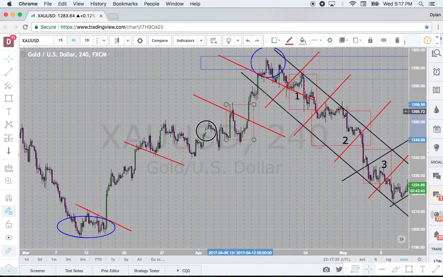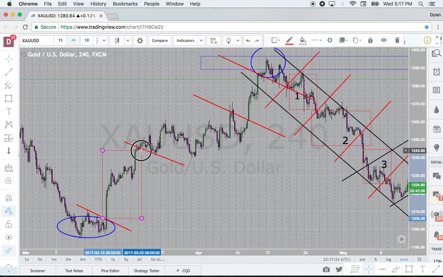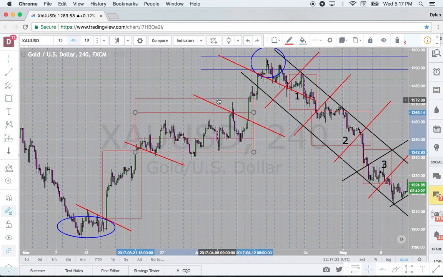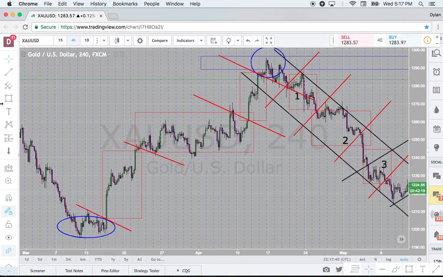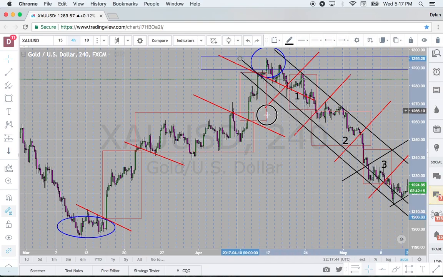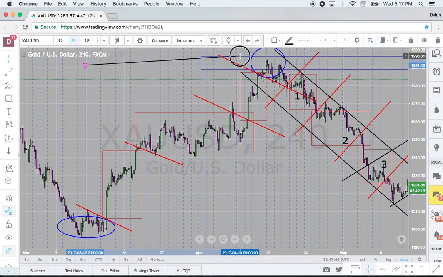So let's box in the consolidation just to show you guys. Level 1, level 2, and then the third level. So let's graph the trend as well.